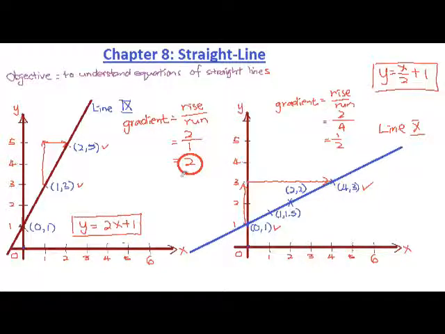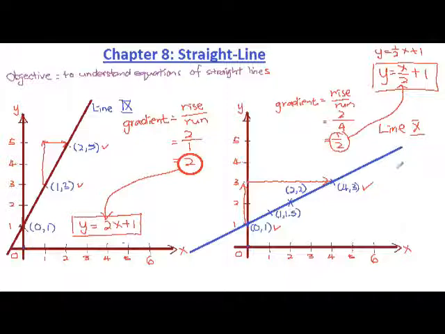We can see that the gradient is equals to the coefficient of x term, and this applies for line 10 as well. When the gradient is 1 over 2, the coefficient of the x term is also 1 over 2. And do remember that this can be written as y equals to 1 over 2 x plus 1.